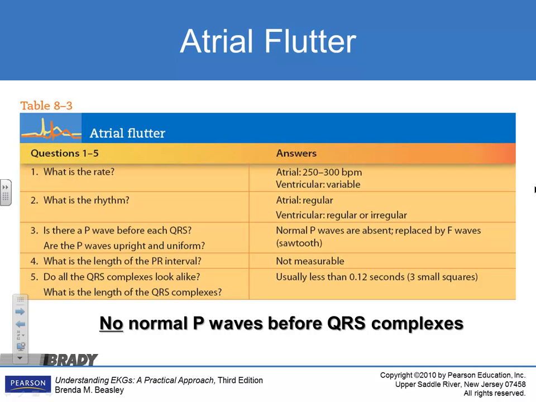And you should have at least one F wave before every QRS, depending on how it's conducted. The length of the PR interval, do you think you can measure those? Usually those flutter waves are right up next to that QRS complex, so you're not going to be able to measure that. And then what should the ventricular complex look like? Yeah, it should be narrow. It should be less than 0.12. So with a flutter, there aren't any normal P waves. They're going to be flutter waves.